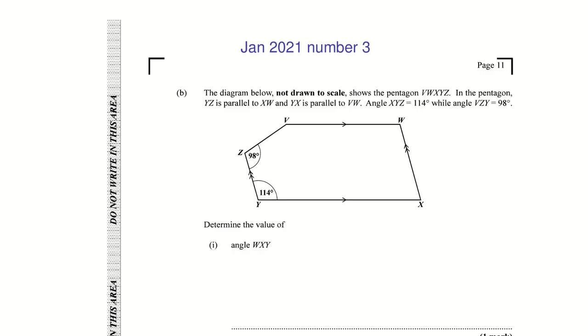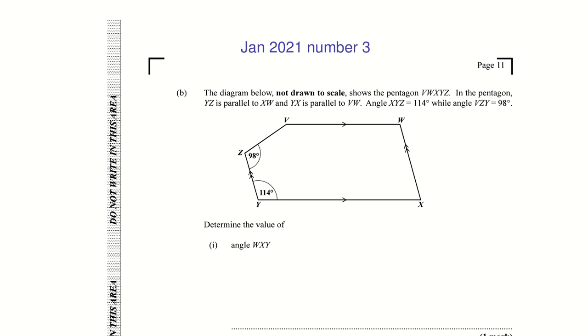YZ is parallel to this, so we have two parallel lines, and YX is parallel to VW. Angle XYZ is 114, while angle VZY is 90.